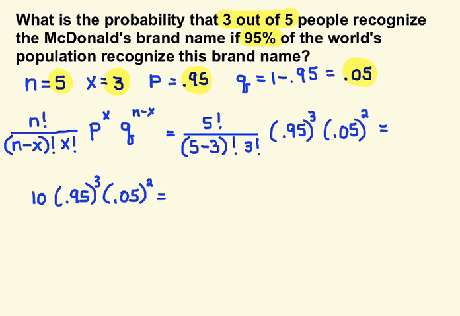So I have that right. Let me just do this one more time. 10 times 0.95 cubed, and I'm going to multiply that by 0.05 squared, and I get 0.00214, and I'm going to move that decimal point over 1 to the right, so 0.0214.